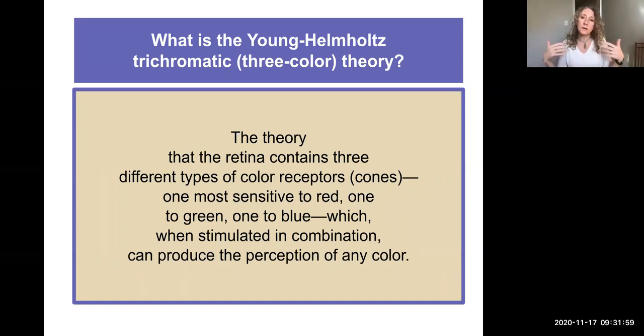Now, often we get confused because when we think of color and adding colors together, we think of just simply adding like paint colors. Paint colors are what we call subtractive color. They pull out light. So when you mix red and green paint together, it's pulling out the light.